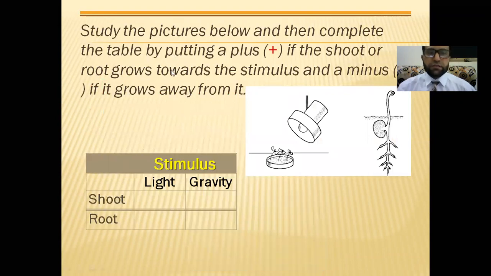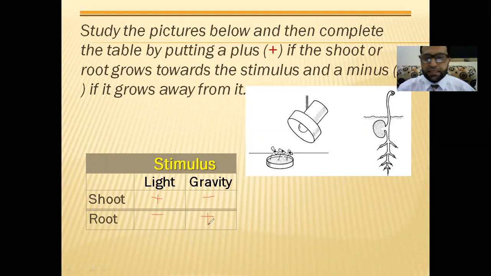Now, you can see here, the stimuli given to us are light and gravity. So for the shoot, what will it show? It will move toward the light. So it is positive phototropism, while for the shoot, it is negative geotropism. For root, it is negative phototropism, because the root is growing away from the light, while the root is growing toward the gravity.